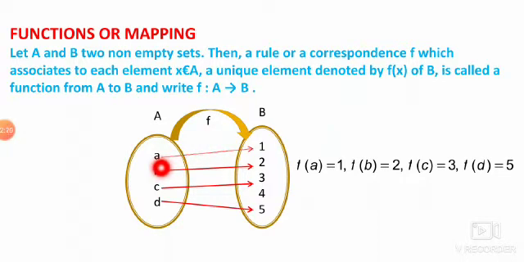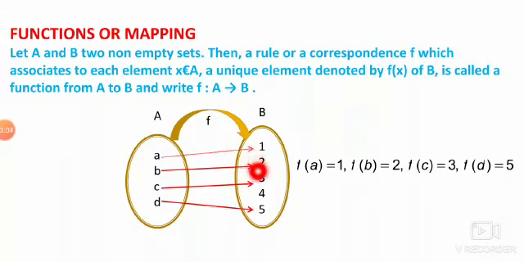Now if you observe here, a has an image 1, b has an image 2, c has image 3 and d has image 5. That is, each element of set A has a unique image in set B. That's why this f is called a function and is written as f from A to B. Also, we can write this as f of a is equal to 1, f of b is equal to 2, f of c is equal to 3, f of d is equal to 5.